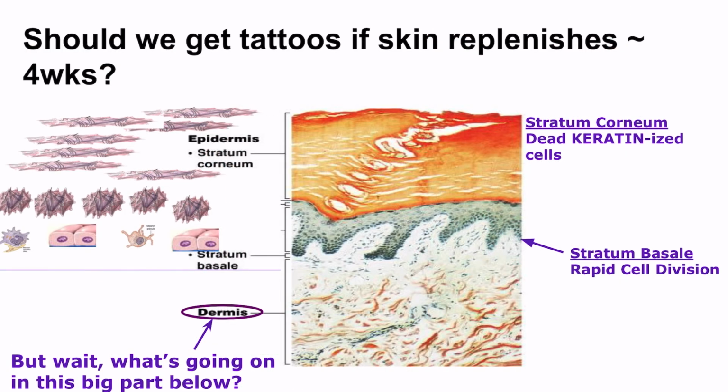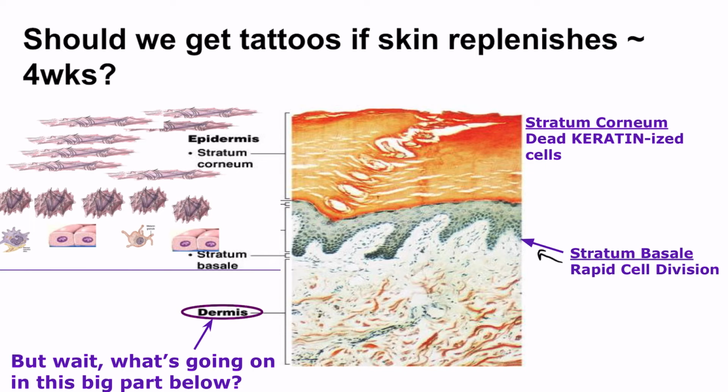Back to that tattoo talk. As I said, the stratum basale is where mitosis is occurring, and a lot of mitosis is occurring here. So does that mean that we should all get tattoos? You probably know that tattoos don't go away if you get one.